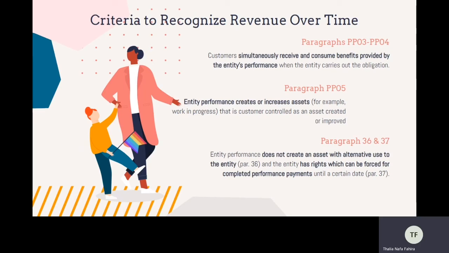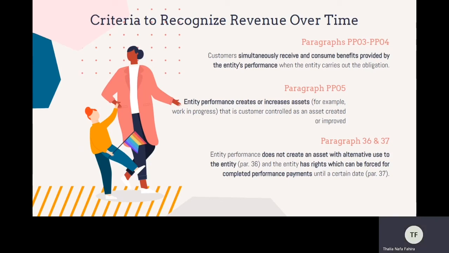And then the last thing that we need to check is whether or not the entity's performance does not create an asset with an alternative use to the entity, and the entity has an enforceable right to payment for performance completed to date. Okay, that is based on paragraphs 36 and 37 of PSAK 72. Okay, now we need to take a look at the contract with PT Mahata.